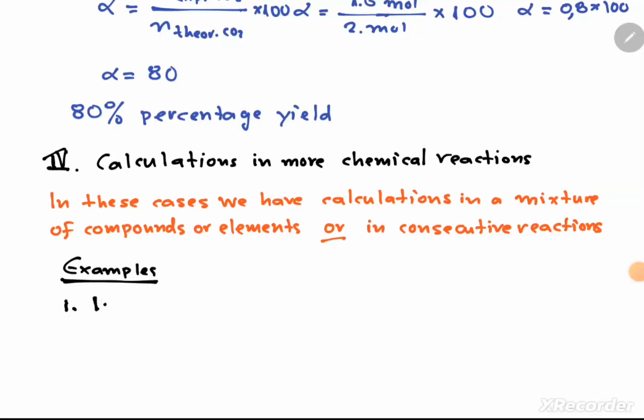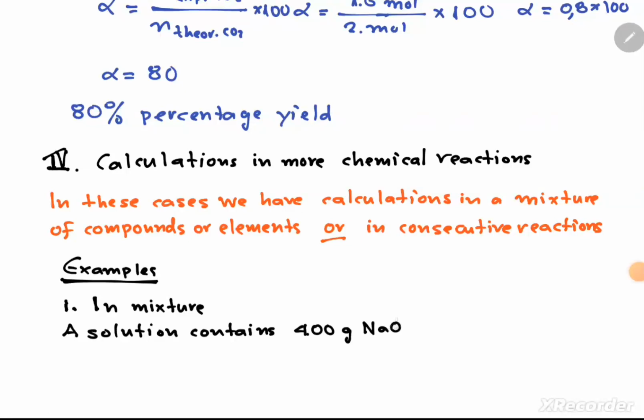We have an example in the case of a mixture. So we have a solution that contains 4 grams sodium hydroxide and 14.82 grams of calcium hydroxide.